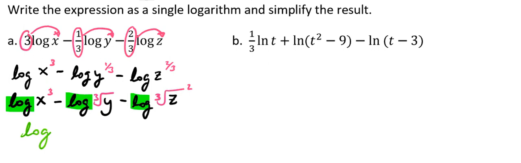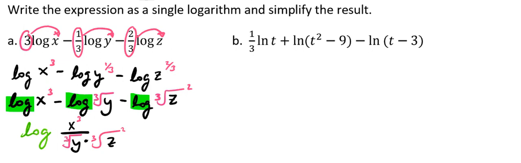From there, I'm able to put my x to the third on the top, and I'm dividing that because of the minus signs. I get a division bar there, and I can then put the cubed root of y times the cubed root of z squared.